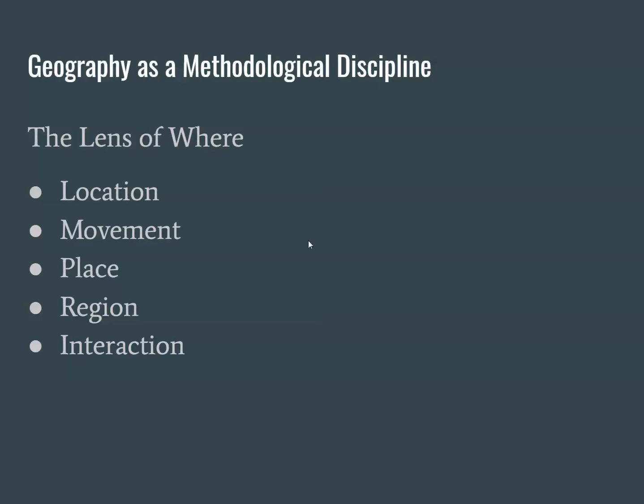So for your notes, the lens of where, geography as a method of analysis, asks first where something is at present, the where of something. We then ask about movement. In other words, how do those things move over what period of time? We also ask what makes a where unique.